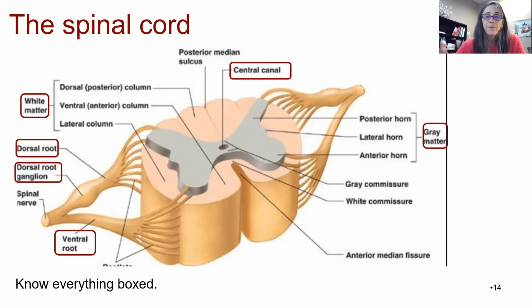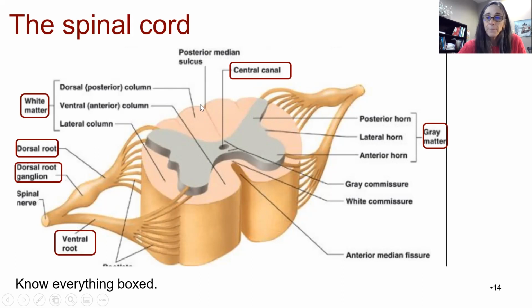First, you're going to find 2 characteristics that differentiate the anterior portion from the posterior portion. As you can imagine here, there is a big crevice called a fissure. It's called the anterior median fissure. So this is, of course, the anterior side.